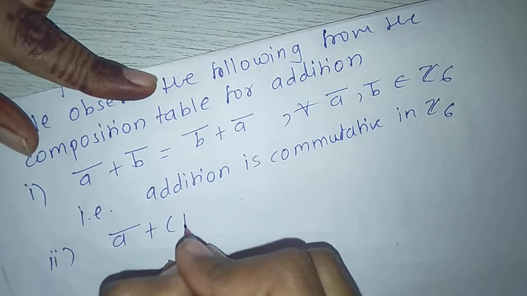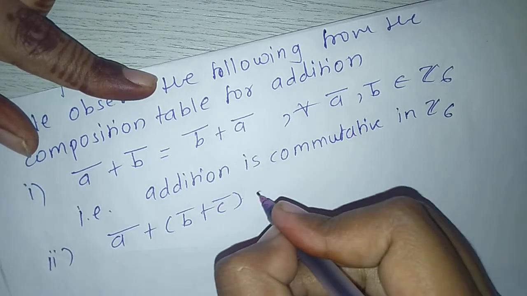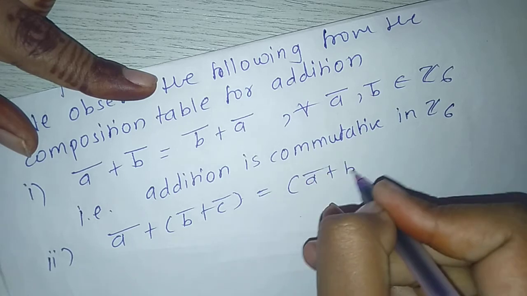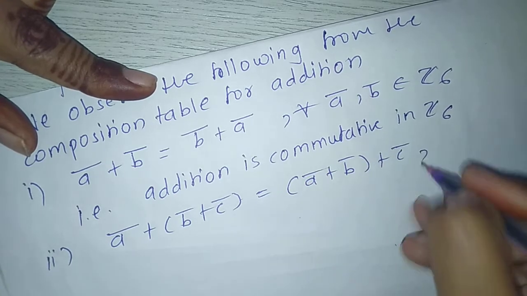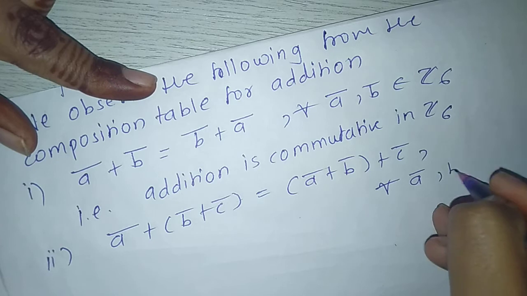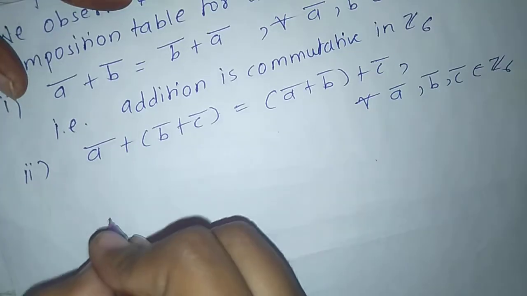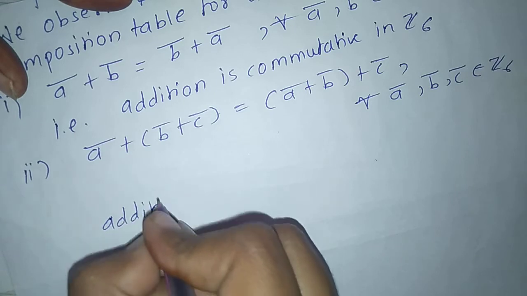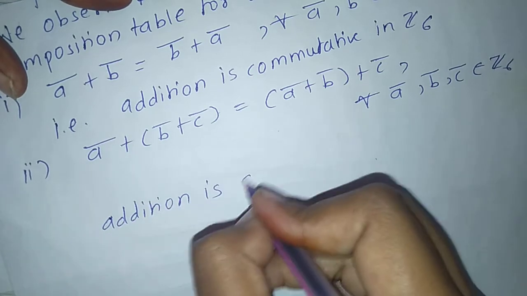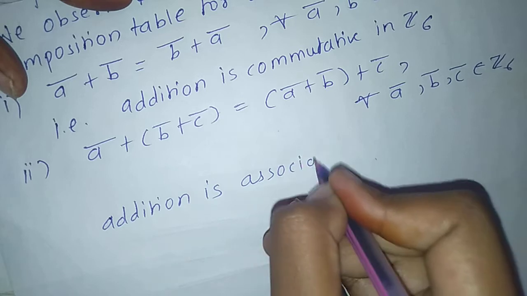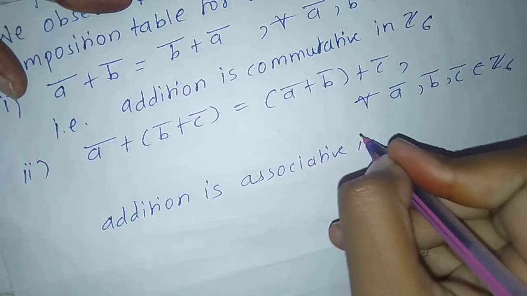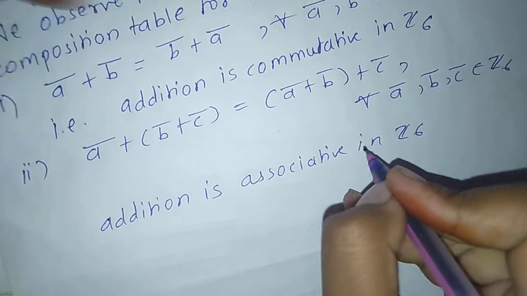Second, a bar plus b bar plus c bar equals a bar plus b bar plus c bar, for all a bar, b bar, c bar belonging to Z6. Addition is associative in Z6.